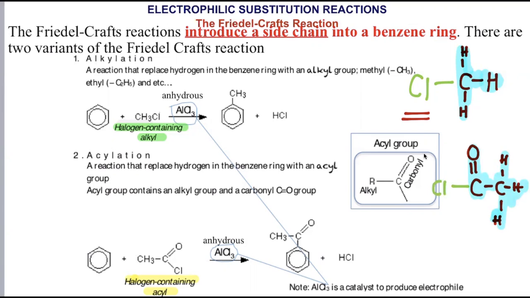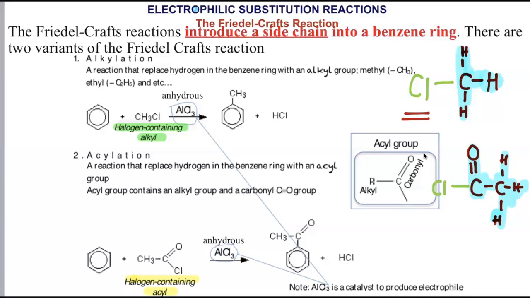So that's my halogen-containing reagent. The catalyst that I need is also a halogen carrier, which is aluminum chloride. You can also use other catalysts like iron chloride or iron, but it's best to use the anhydrous aluminum chloride.